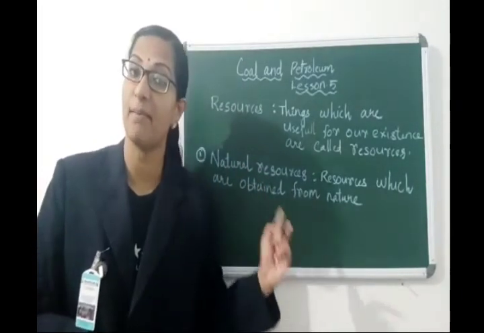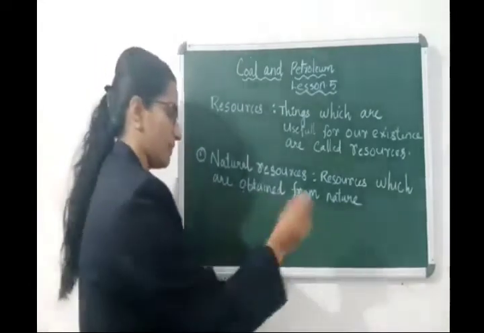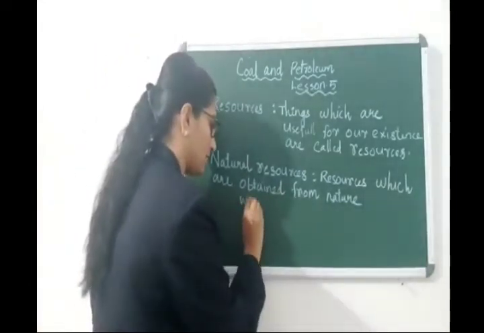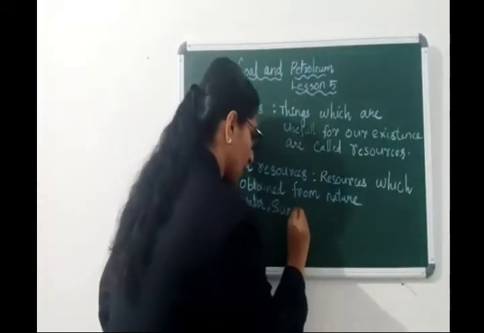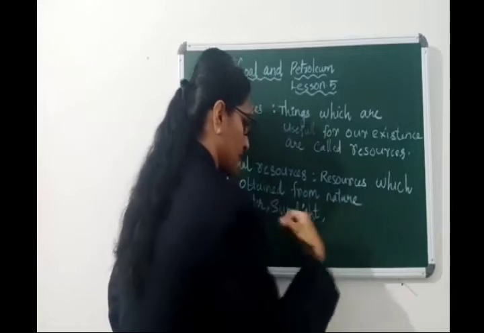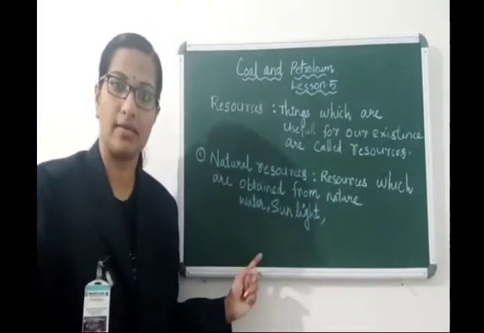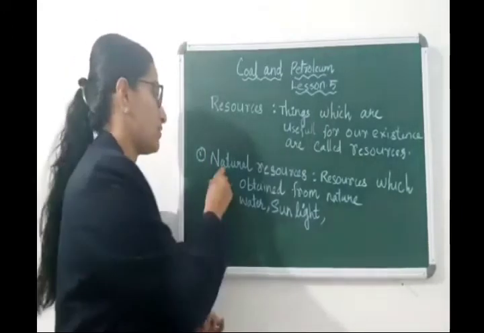Can you say some examples of natural resources? Yes, you can say so many examples like water, sunlight, etc. Water, sunlight, etc. are examples of natural resources.